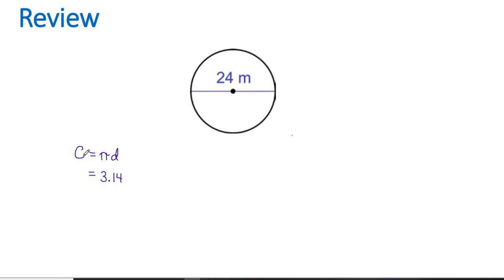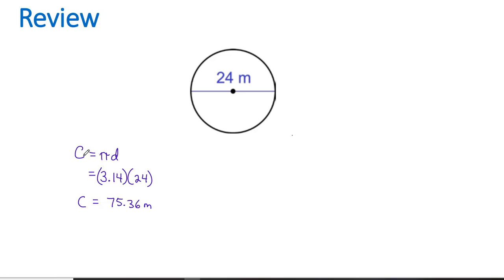So we're going to use 3.14, and here they've given us the full diameter of 24 meters. So we're going to multiply 3.14 times 24 in order to find the outside measurement of this circle. And that is equal to 75.36 meters for our circumference.